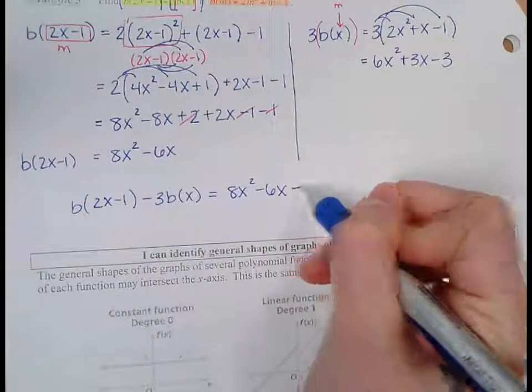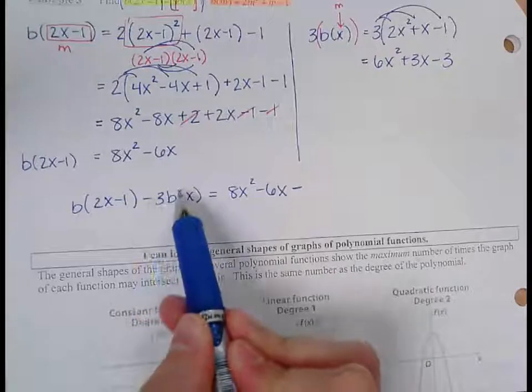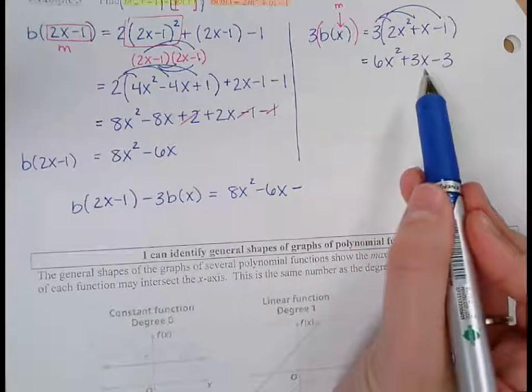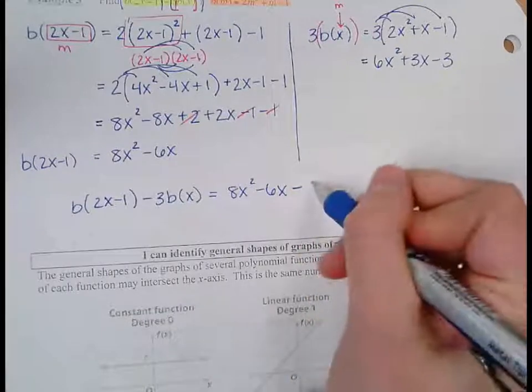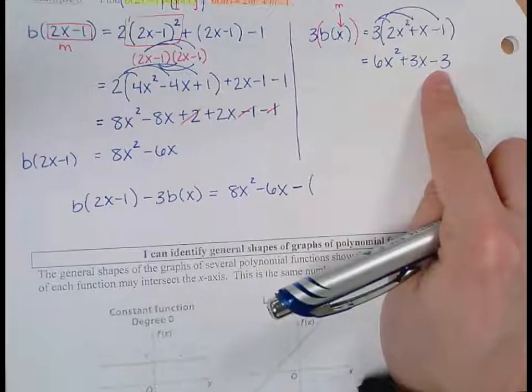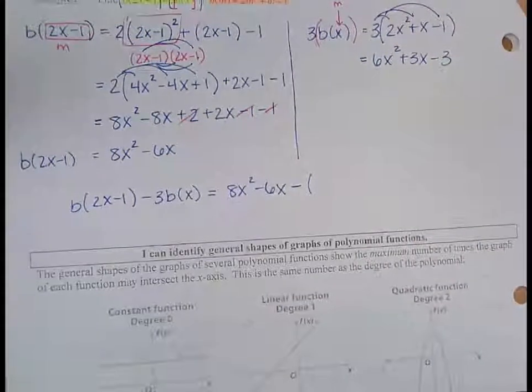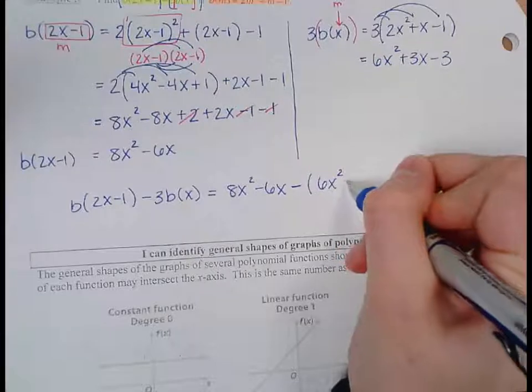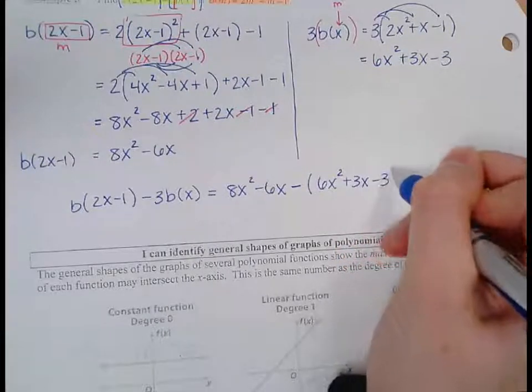And then I'm subtracting 3 times b of x, which was the second part I found, the 6x squared plus 3x minus 3. And because I'm subtracting a quantity, I'm going to put that quantity in parentheses. I'll have to distribute the minus sign through. So minus 6x squared plus 3x minus 3.